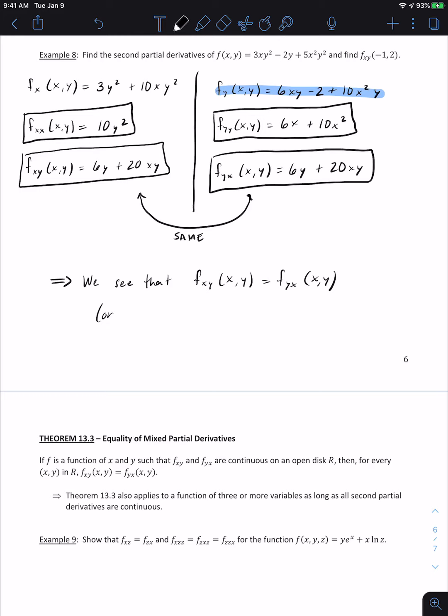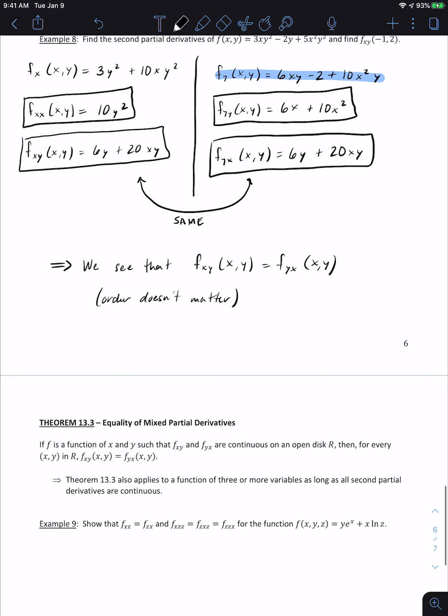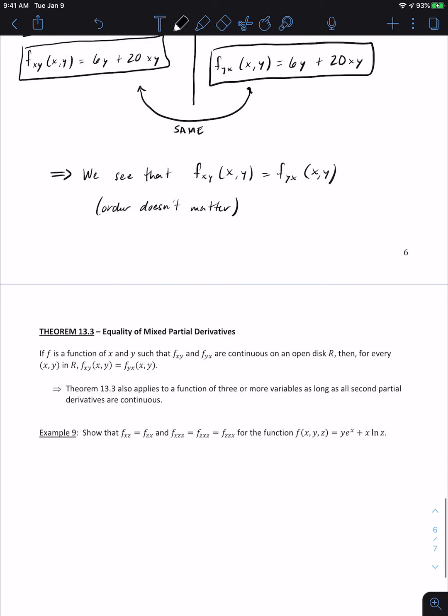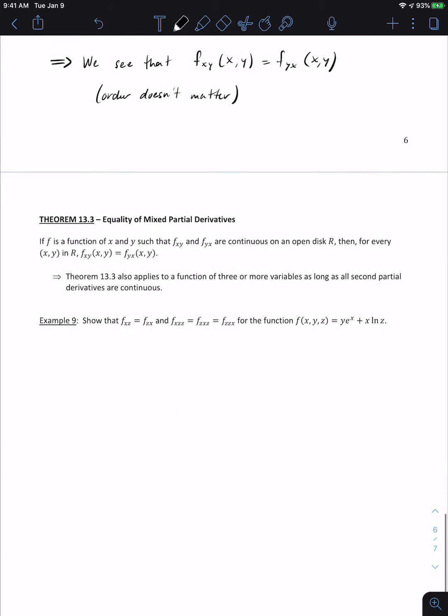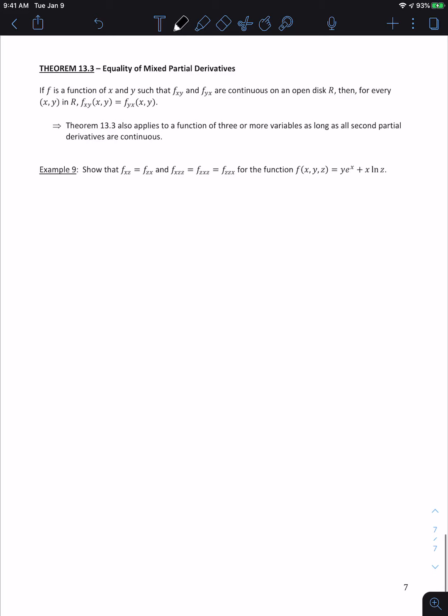So in other words, the order doesn't matter when you start taking these derivatives. That's what theorem 13.3 says.